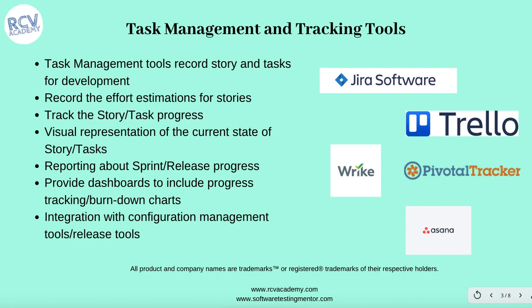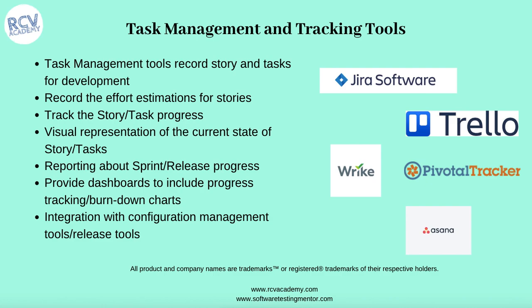So task management tools are the tools that record the stories or your tasks or subtasks for the development. Jira is very popular software. So Atlassian Jira software is very popular nowadays and used at most of the places in Agile software development.